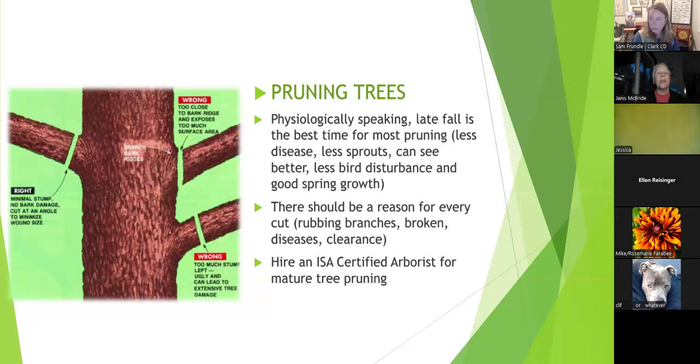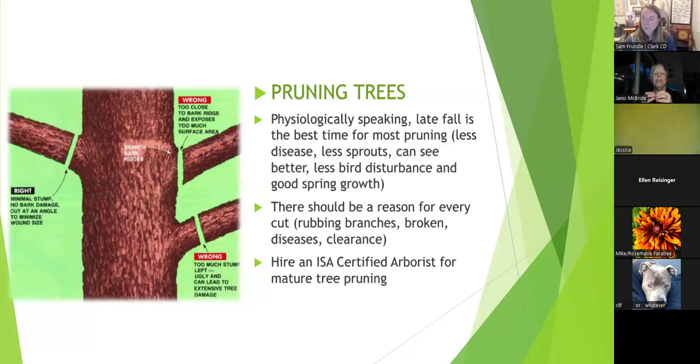Here's some examples of some cuts that are not correct. Over on the right, it says wrong. This is too close to the bark. It exposes too much surface area of the tree, so it creates a larger injury. The one below it is also wrong because you've left too much of the side branch.